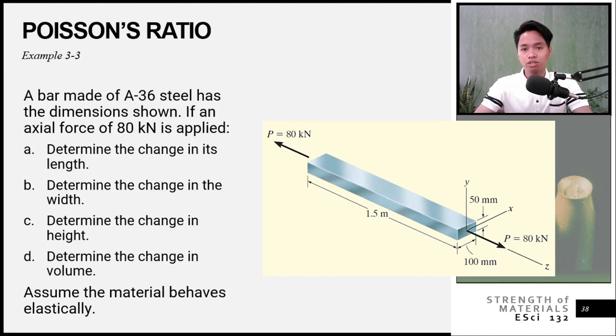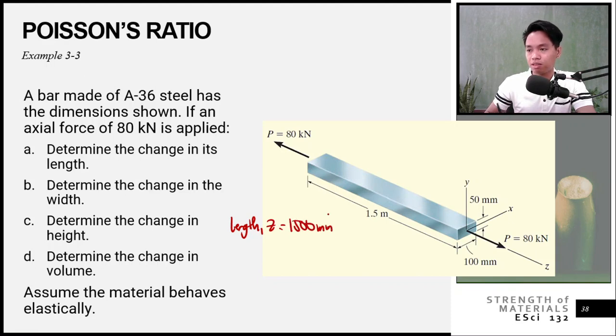The first procedure is to select which is the longitudinal axis and which is the lateral axis. In this case, since it is prismatic, we have a length along the z-axis that is 1,500 millimeters.